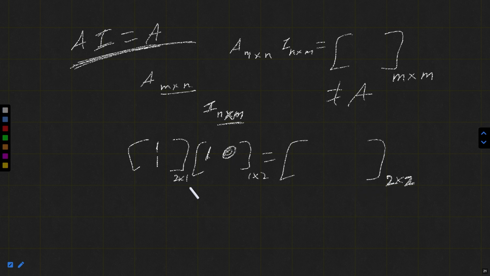2 cross 2. But you can directly say that this is not equal to this 2 cross 2 matrix.